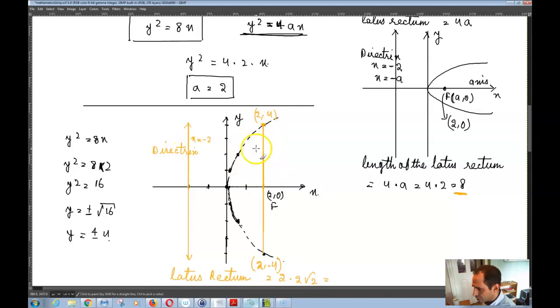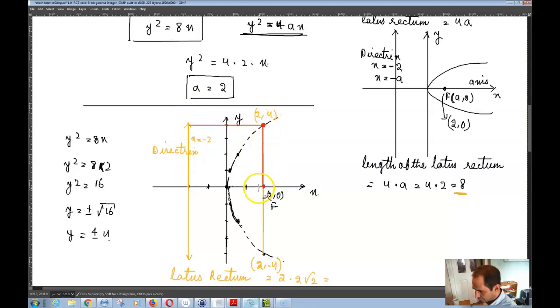Now, since this is your directrix, any point that I take over here, for example, this point, this distance over here, which is the distance of the point to your focus, has to be equal to this distance over here, which is the perpendicular distance to your directrix.